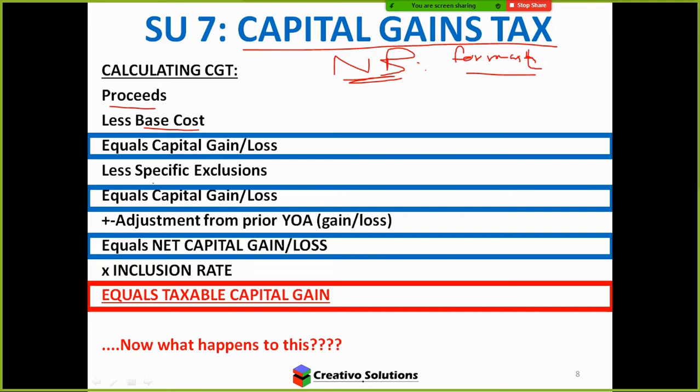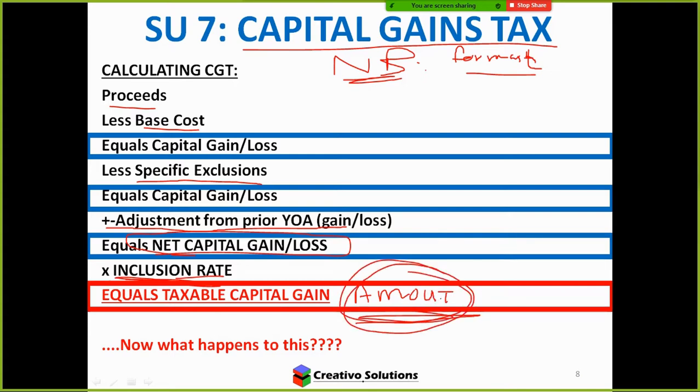Then you subtract any exclusions, and you add or subtract the adjustments from last year, and that gives you a net capital gain. The net capital gain will be multiplied by an inclusion rate, depending on what type of business you are, and then only this bottom bit, only this amount.